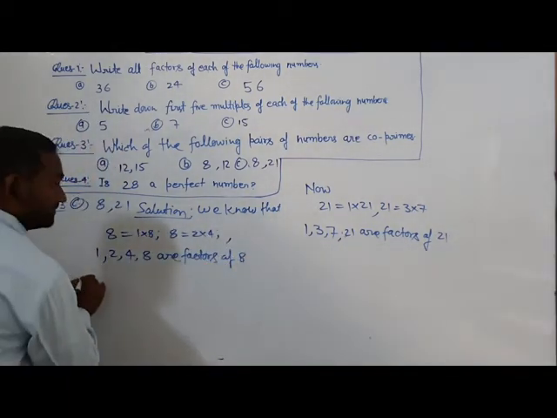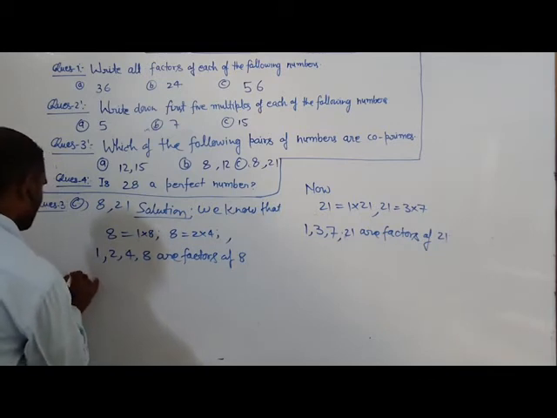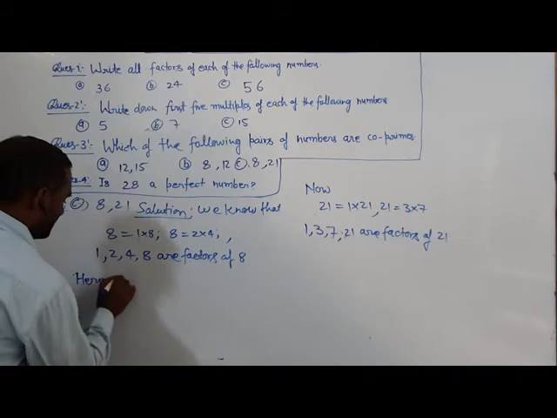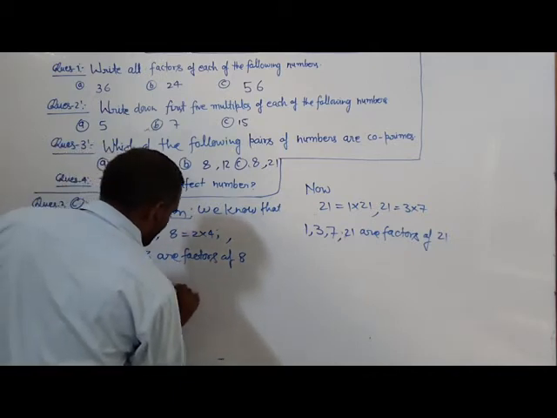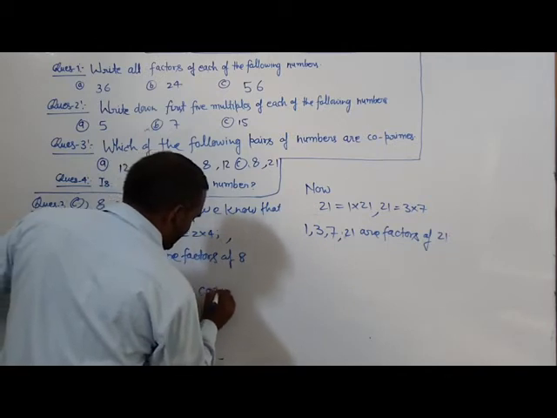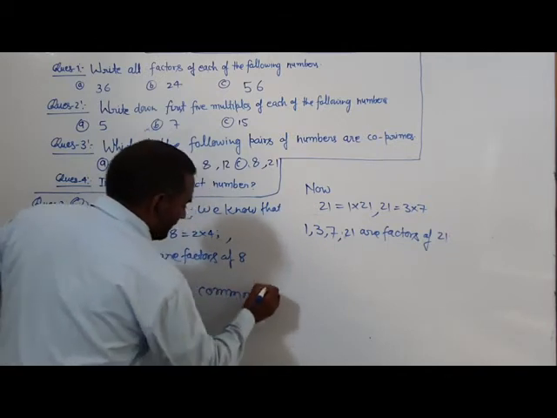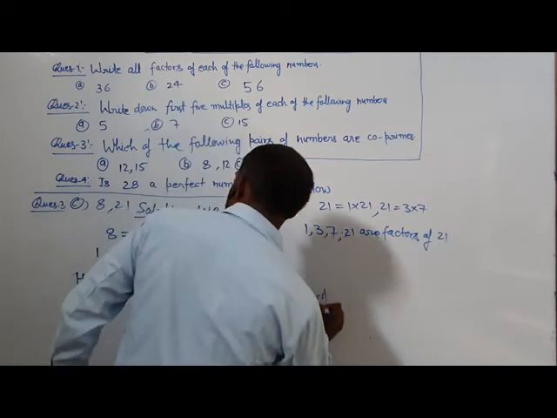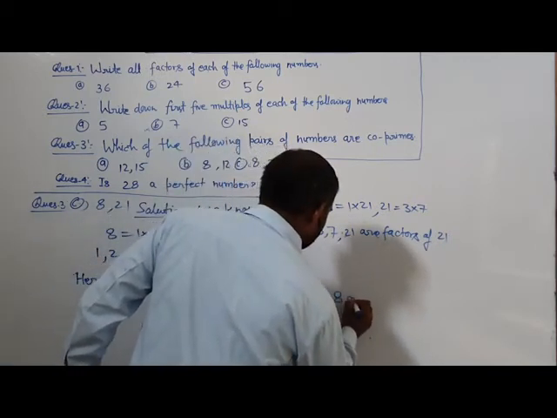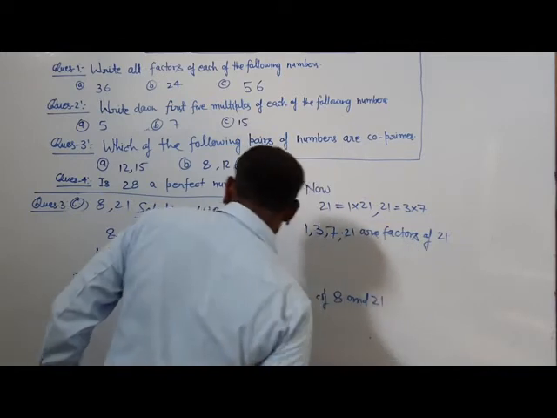So here there is no common factor of 8 and 21.